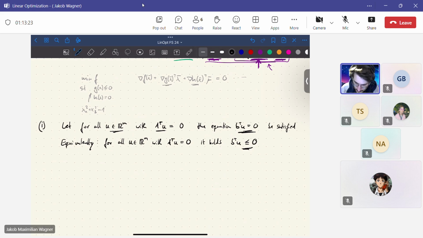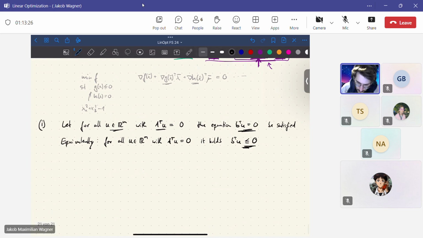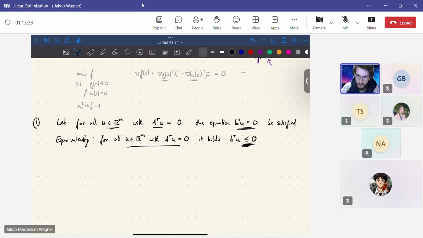And if you have lesser equal than 0 for all u's in this set, then you can immediately construct a contradiction if there you had actually some strictly less, because then you can just flip and take minus u, which again still satisfies that A transpose of minus u is equal to 0, and then you would get here a greater than 0, and this then contradicts the statement. So we can write this as lesser equal than 0.